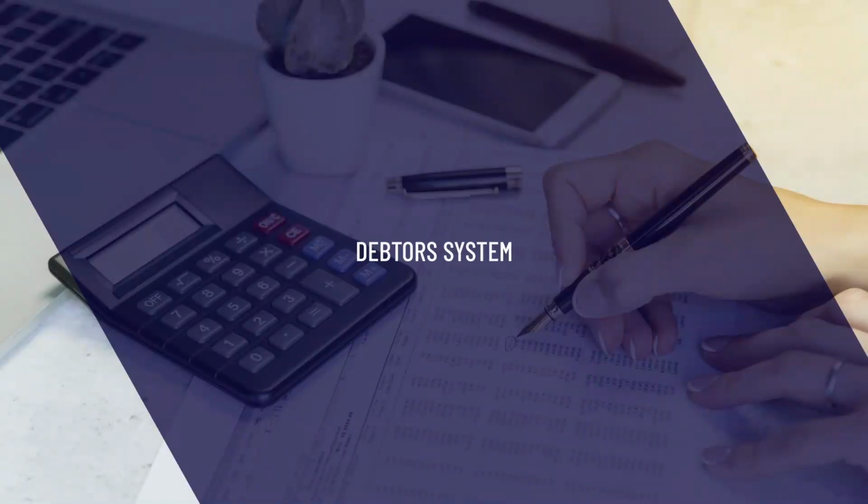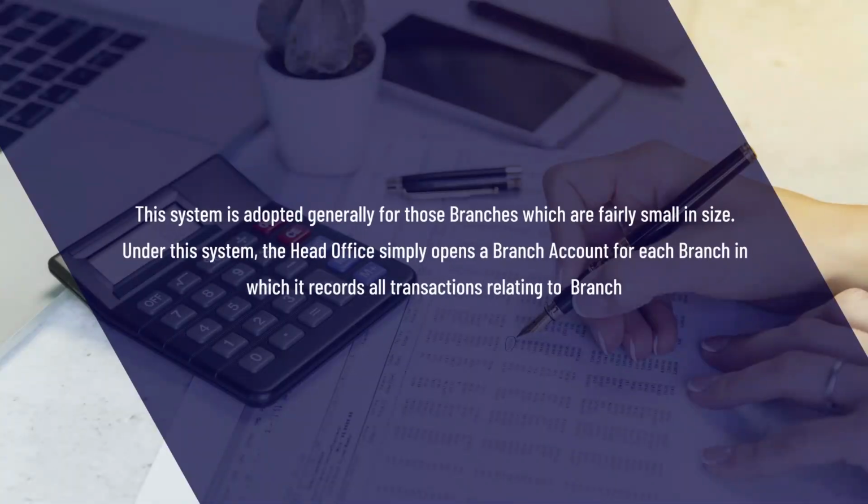There are various methods by which the head office usually keeps branch accounts in its books. The first one is the debtor system. We are now discussing the various methods by which the head office keeps the branch account in its books. The first one is the debtor system. This system is generally adopted for those branches which are fairly small in size.